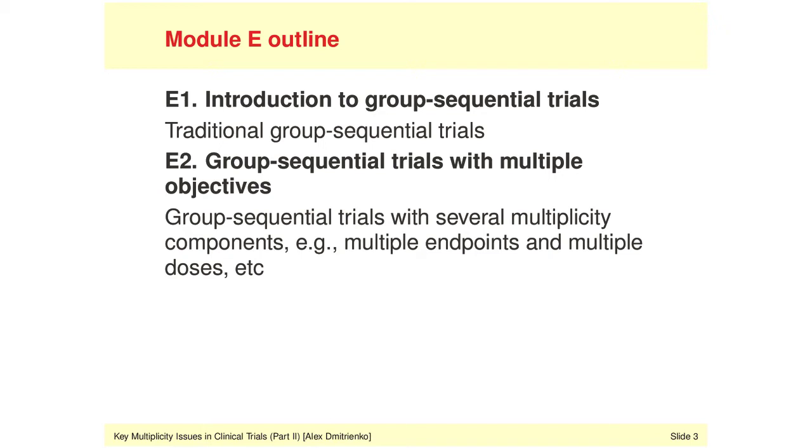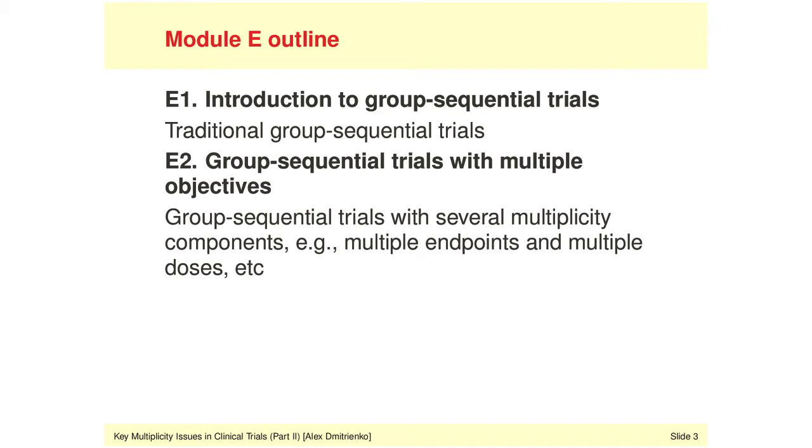The analogy here is that in module C, we started with a more straightforward class of multiplicity problems with several families of hypotheses. Specifically, we focused on problems with parallel gatekeepers. Module C provided a foundation for the discussion of more complex problems with general gatekeepers in Module D. And similarly here, in this module, we will begin with a more straightforward class of adaptive designs.